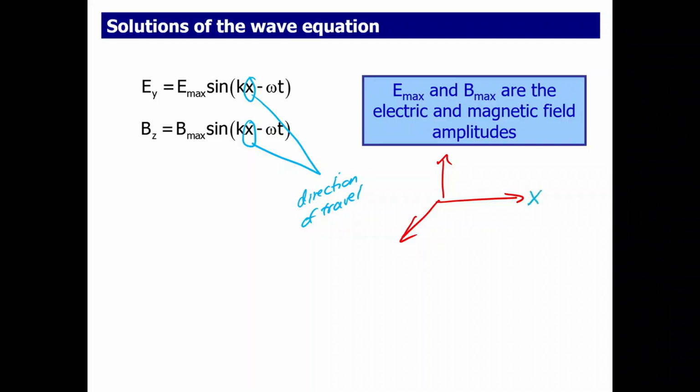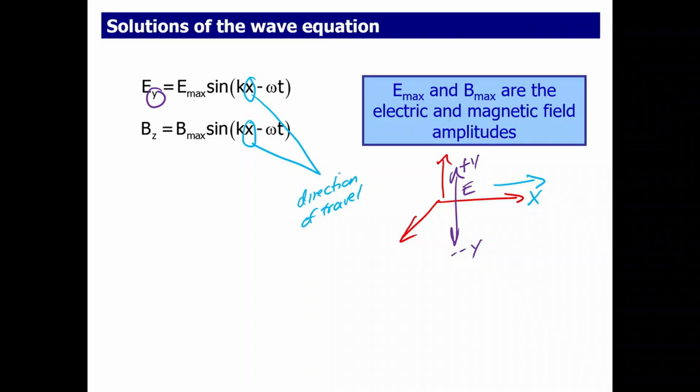So in this case, our direction of travel is in the x direction. They are giving us subscripts here for y. That is telling me that my electric field is oscillating in the positive and negative y direction.